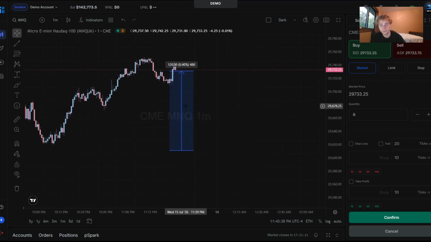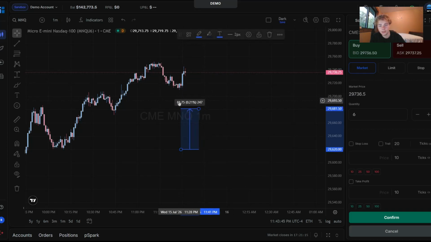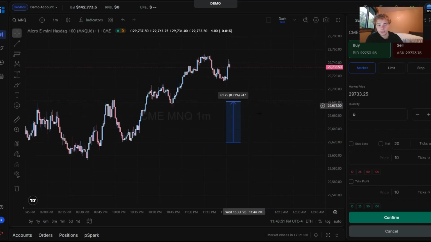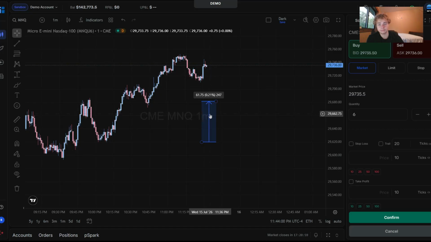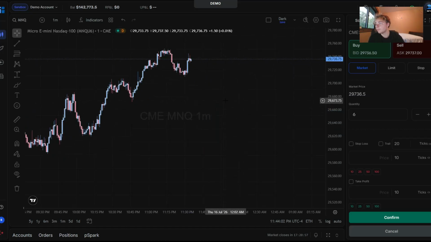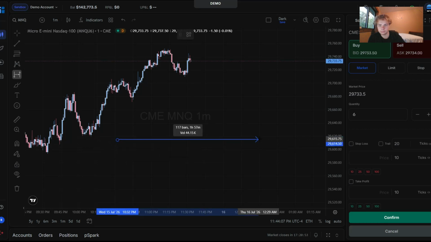You can pull this tool out and just set it to the bottom of where you want to measure and the top of where you want to measure, and it will just tell you right here what the point is and what the percentage is of the market. So from here to here is a 0.21% move on NASDAQ. So that's helpful. And then there's also the same thing for date range, but I've never used that.